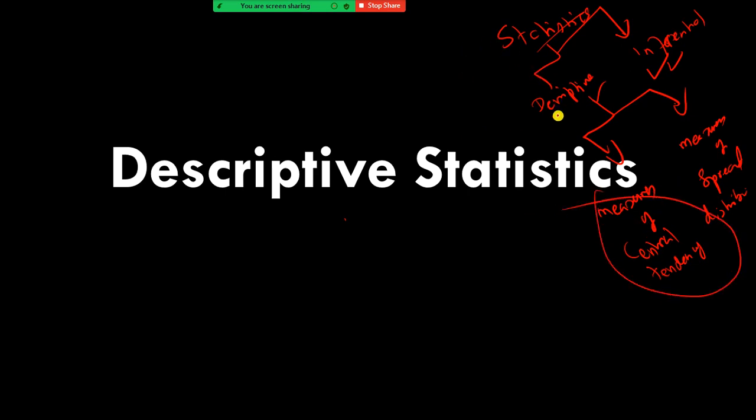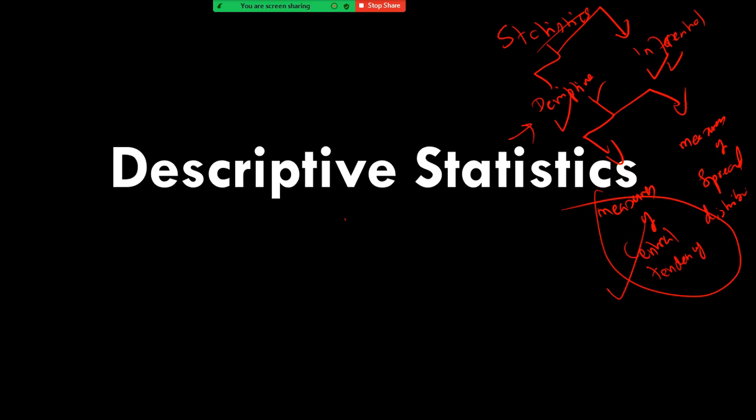So far we discussed what descriptive statistics is. In simple terms, summarizing the data and presenting the data in a visual format. Basically, we are doing summarization to get to know the characteristics of the data at a high level. That is what summary descriptive statistics is. As part of this, there are two branches.